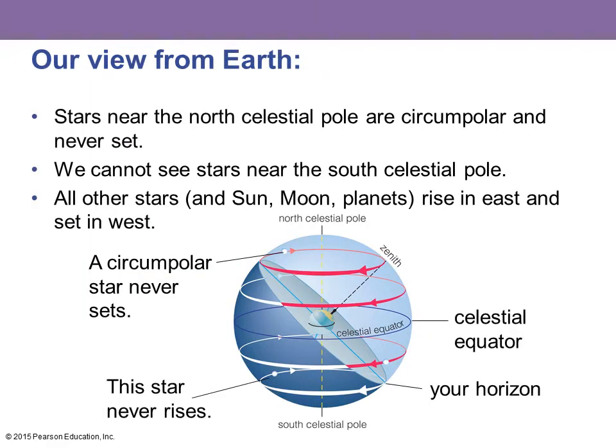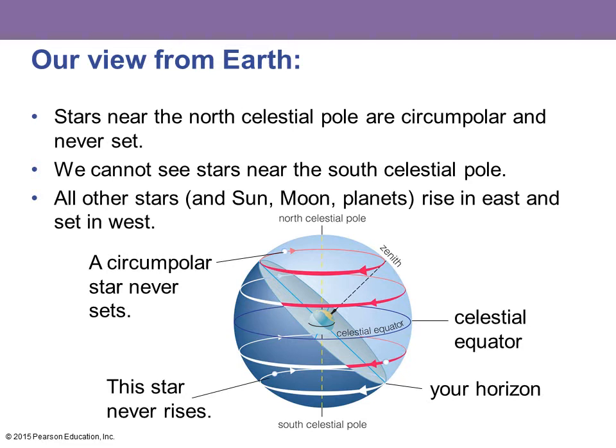So our view from Earth is basically limited by how far or how much above the horizon we can see. We can of course see the zenith directly above us, we can see the horizon, and we can see all the stars and objects in between. Any object that never sets below the horizon is called a circumpolar object.